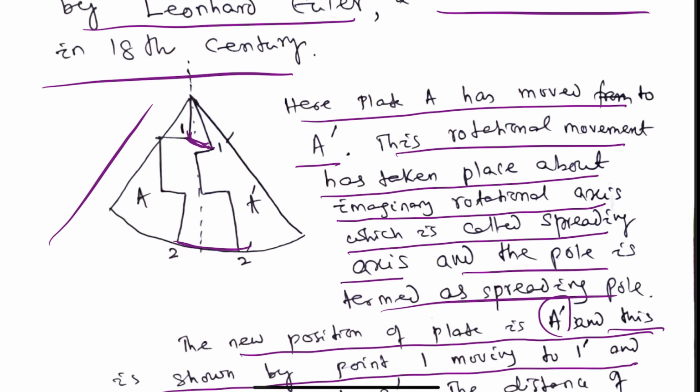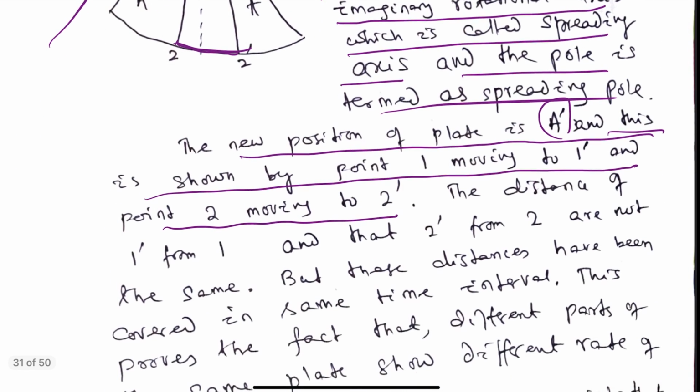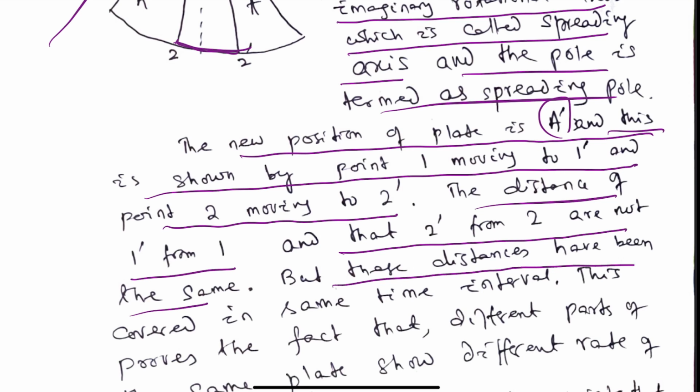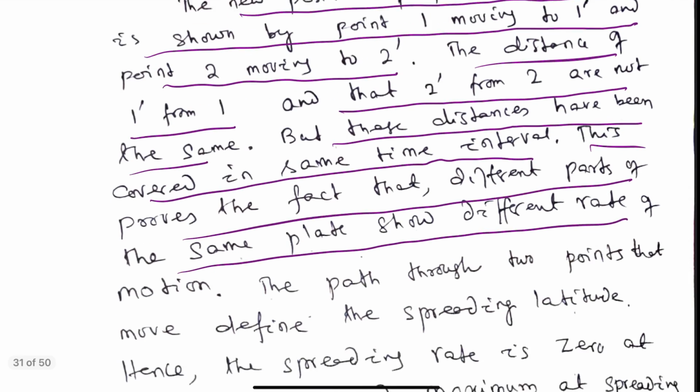So this is a smaller distance, this is a bigger distance. That's why the same plate, because of its rotation, cannot have uniform velocity in all parts of the body. The distances from 1 to 1 dash and from 2 to 2 dash are not the same, but these distances have been covered in the same time interval. This proves that different parts of the same plate show different rates of motion.